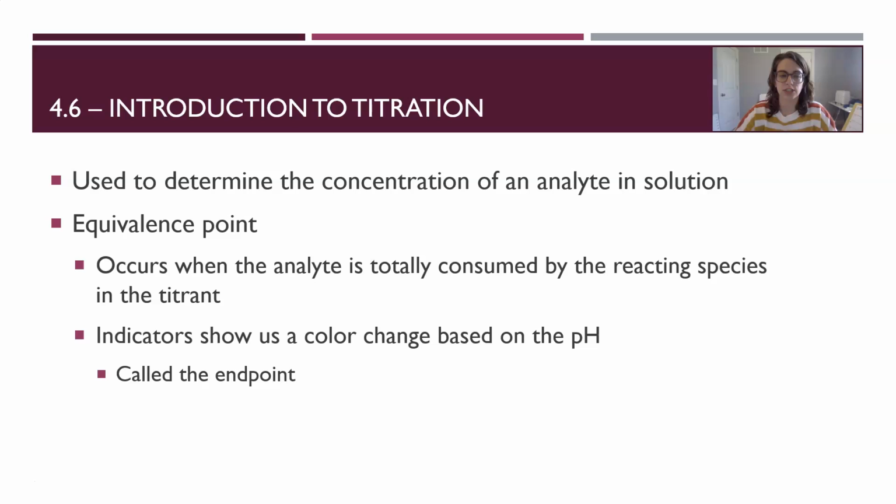We do a titration to determine the concentration of an analyte in solution. There are two important points in the process. The process of a titration is you have a known amount in your burette, you have an unknown amount in your Erlenmeyer flask, and you use the amount of known reactant that you need to react with your unknown amount.